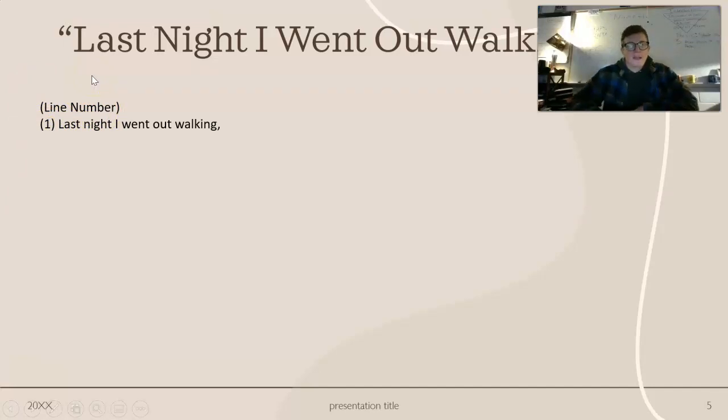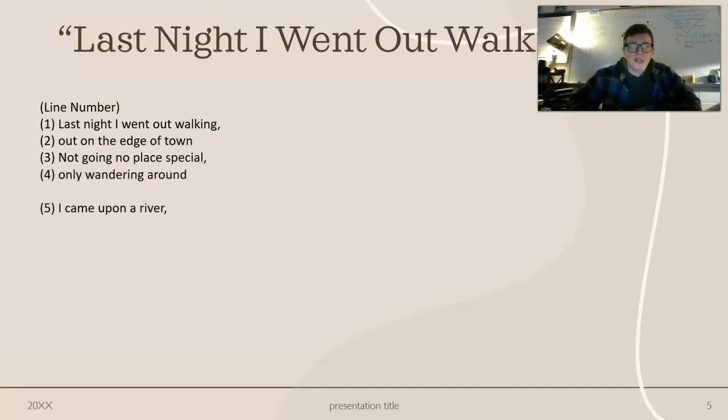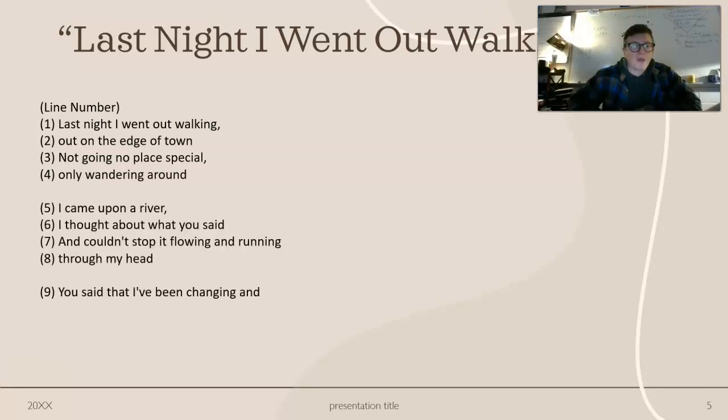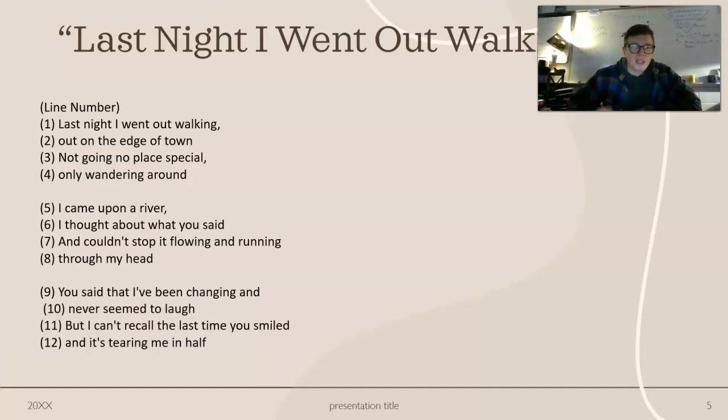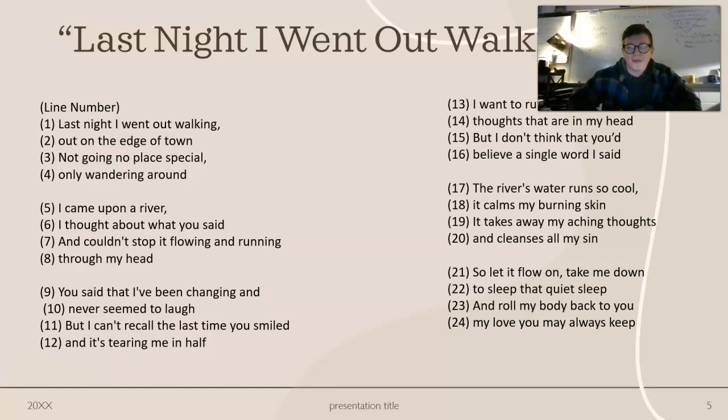Last night I went out walking, out on the edge of town, not going no place special, only wandering around. I came upon a river. I thought about what you said and couldn't stop it flowing and running through my head. You said that I've been changing and never seemed to laugh, but I can't recall the last time you smiled and is tearing me in half.